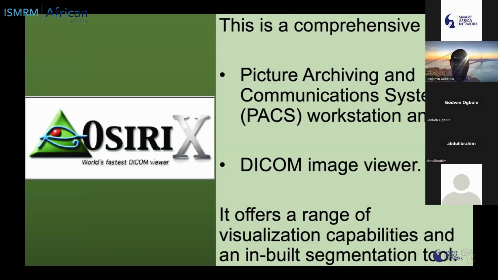It's an image viewer. If you see, it says OSIRIS, world's fastest DICOM viewer. So this is more of a visualization tool than an image processing tool. But when you have your DICOM images and you want to look at them before transferring them to where you process them, this allows you to do a very good job.